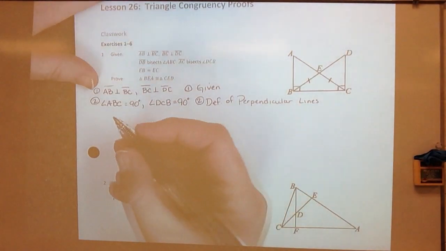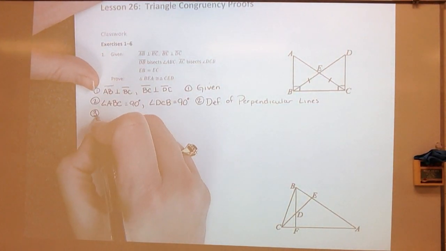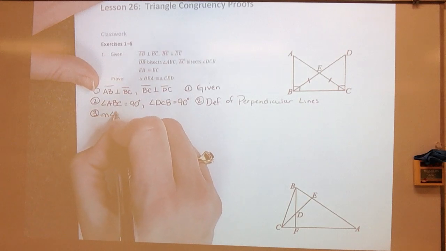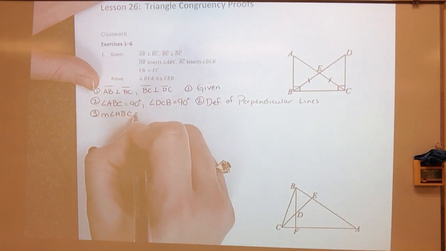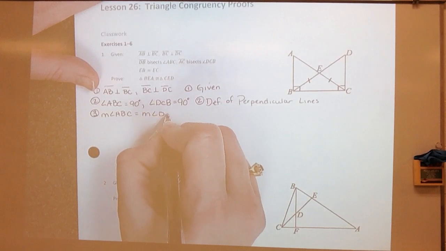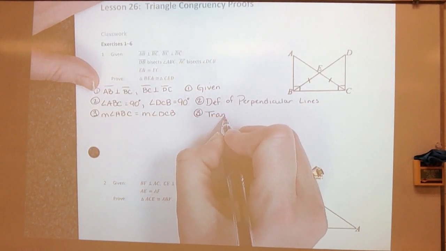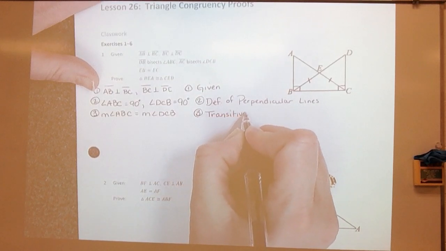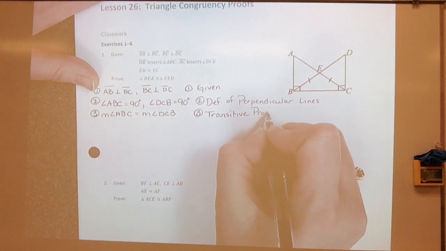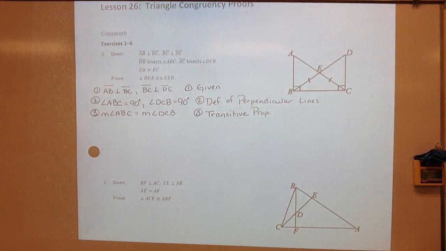So the measure of angle ABC is equal to the measure of angle DCB, and that is by the transitive property. We've already proven that they both equal 90 degrees, now we're just proving that they're equal. That's about all we can do with our perpendicular lines right now.